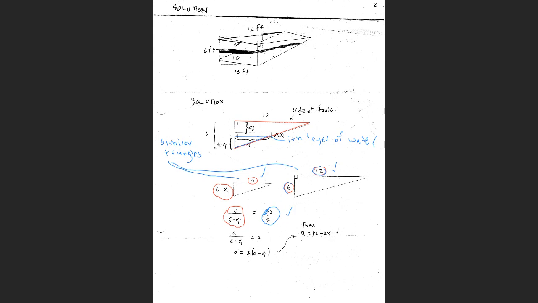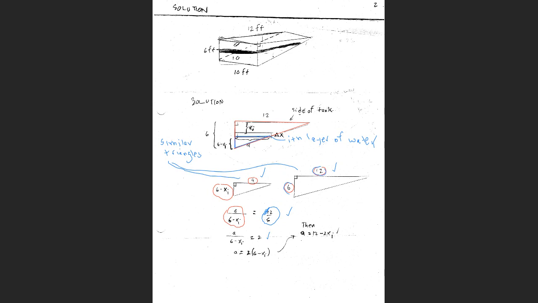Now we're using it. So A over 6 minus x sub i is equal to 12 over 6. That means then that A over 6 minus x sub i would equal 2. That's right, Sandia.